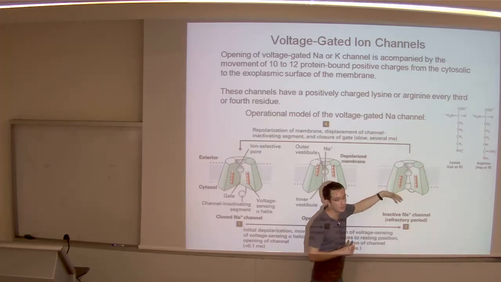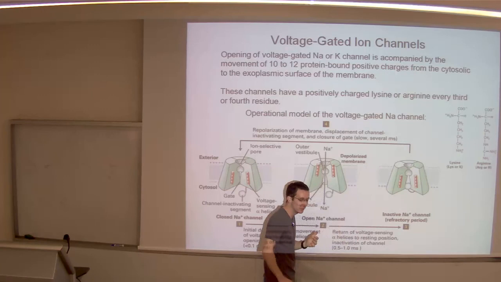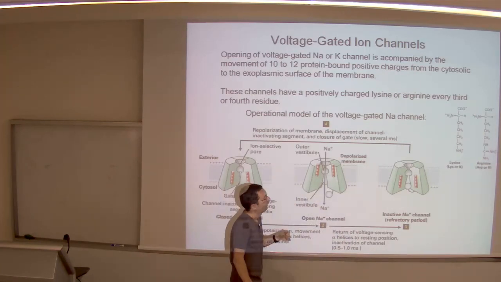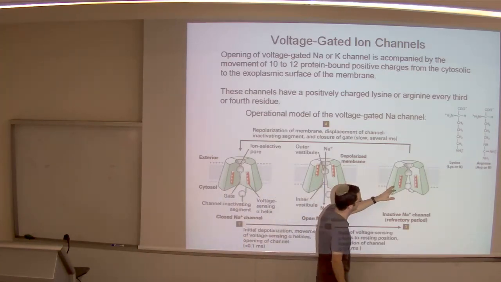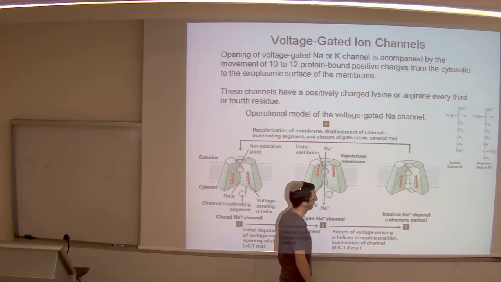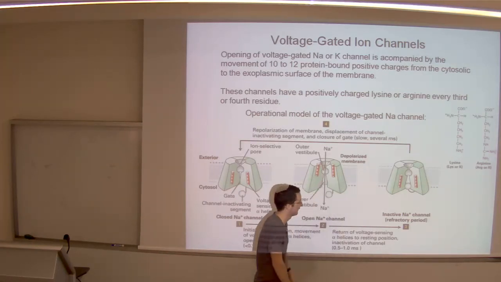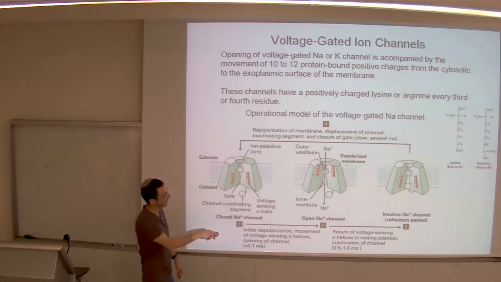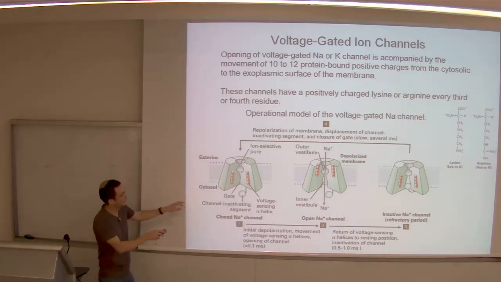Even if you try to artificially inject positive currents, this channel is inactivated, simply because of the positively charged inside of the cell. The membrane has to be hyperpolarized again for this protein to become functional again.